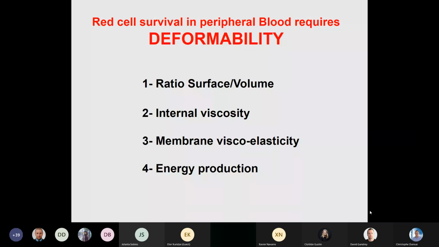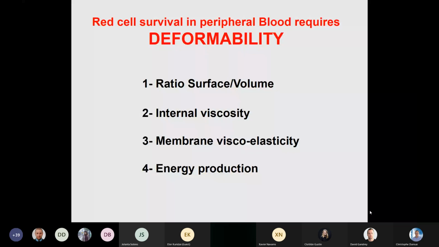The third very important property is the capacity of the red cell membrane to be elastic, and this viscoelasticity is absolutely essential each time the red blood cell is exposed to shear stress, and this is particularly true in the spleen red pulp. And this viscoelasticity directly depends on the structure of the red blood cell membrane, the protein structure of the red blood cell membrane, which makes these cells so particular.